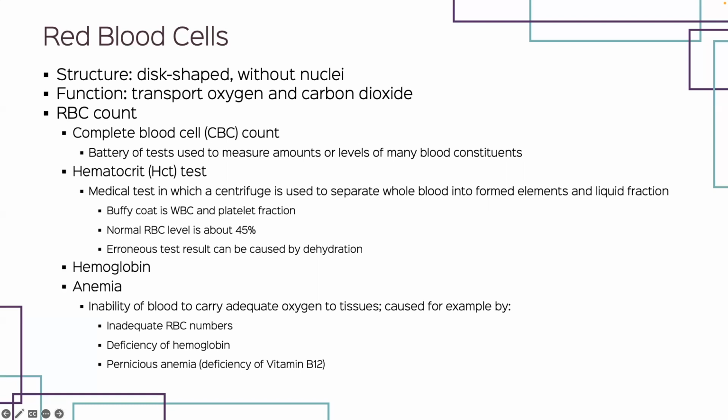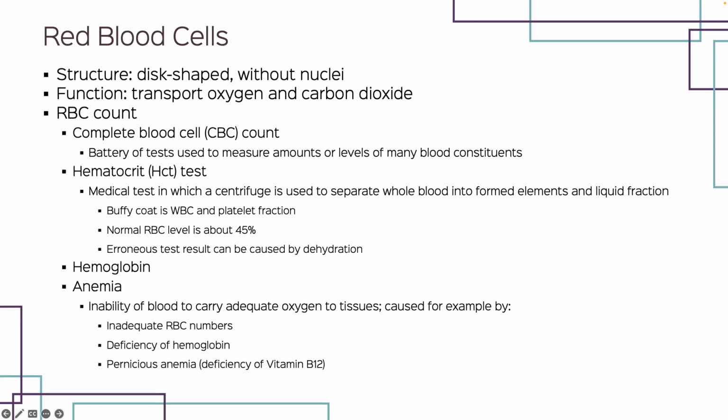Values listed within the CBC will normally vary slightly among labs, with reference ranges for red blood cells anywhere between 4.2 and 6.2 million per cubic millimeter of blood. And then males will generally have a higher number than females. Normal deviations from the average ranges will also occur with different ages, the level of hydration, altitude of residence, as well as other variables.